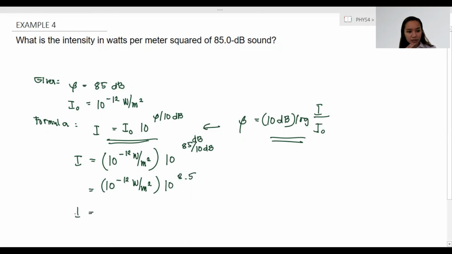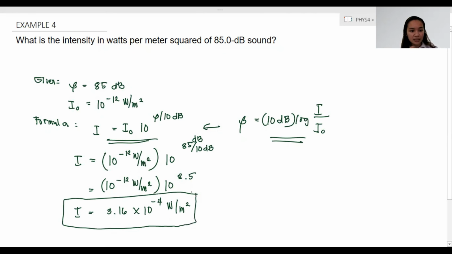If you calculate that, it will give you 3.16 times 10 raised to negative 4 watts per meter squared. So this is now our intensity in watts per meter squared for the 85 decibels.